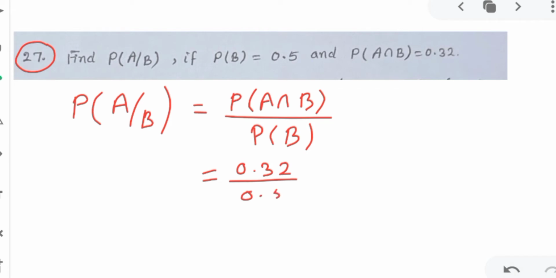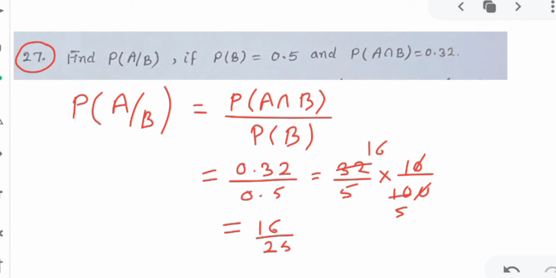When you simplify this, it will be 32 by 5, then 10 upon 100, because of the decimals, 2 decimal, 1 decimal. Now you simplify this, you can do 16/5. So just simplification is there. 16 upon 25 will be your probability of A/B, the probability of A when B has already occurred.